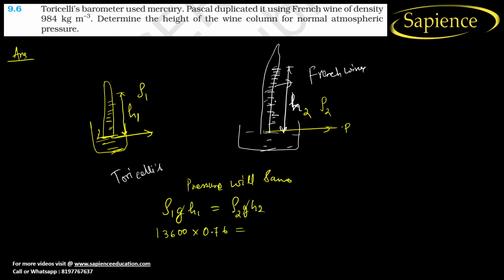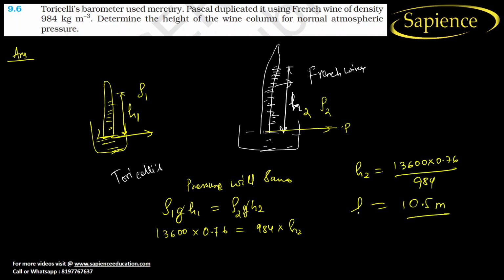We want the height of the French wine, whose density is given as 984, into height h2. So h2 is equal to 13600 into 0.76 divided by 984. When we do this calculation, it comes to approximately 10.5 meters. So this is the answer. I hope you have understood this. Thank you.